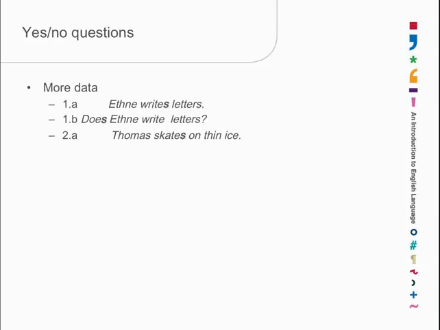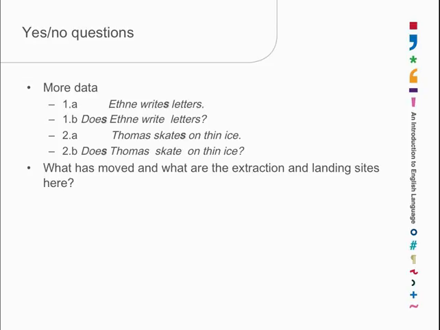Thomas skates on thin ice. No prizes for guessing what the yes-no question is. It is, does Thomas skate on thin ice? And again, the S has moved to the front. So, in this case, since we don't have an auxiliary, what has moved? Well, the third person singular inflection has moved, and the do has come along because there it is, poor old orphaned inflection.